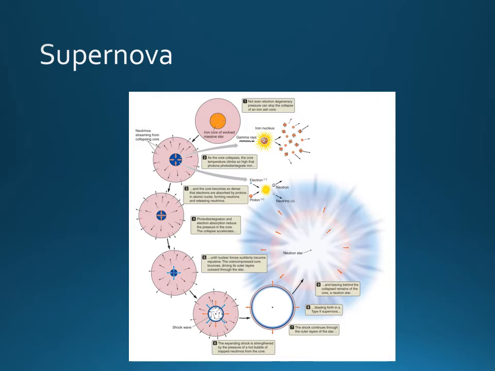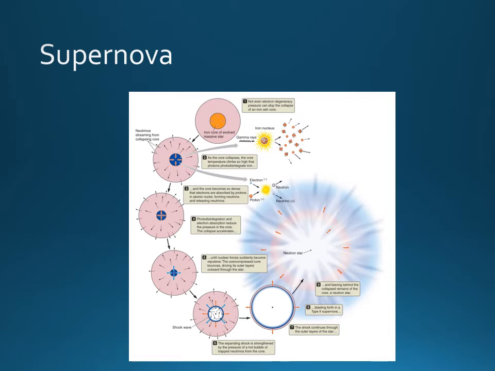The core becomes tremendously dense. Reverse beta processes combine protons and electrons to form neutrons. The photodisintegration, electron absorption by protons, and the cooling by neutrinos reduce the pressure in the core, which in turn accelerates the collapse. The density becomes so high that the nuclei repel each other.